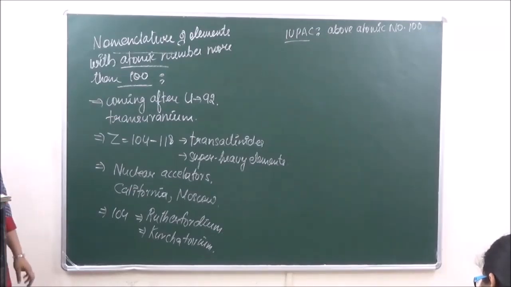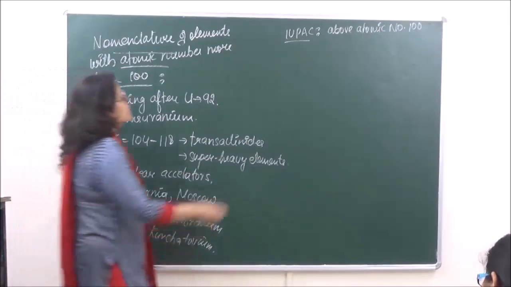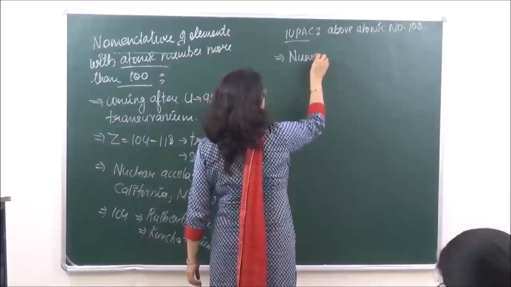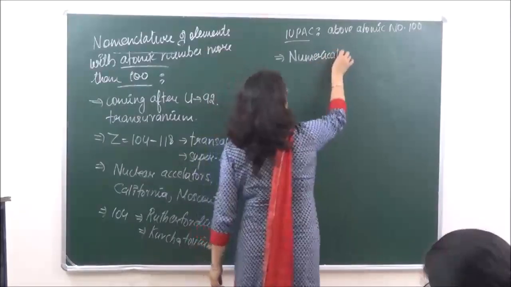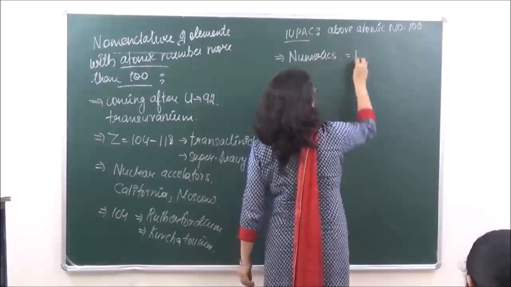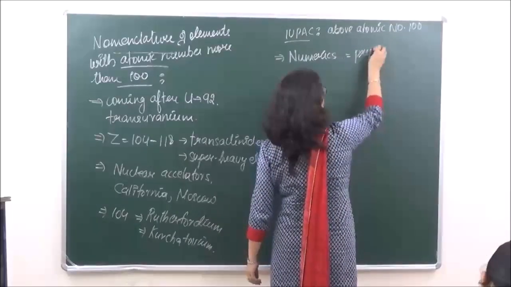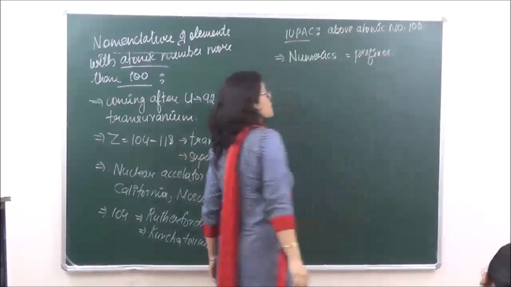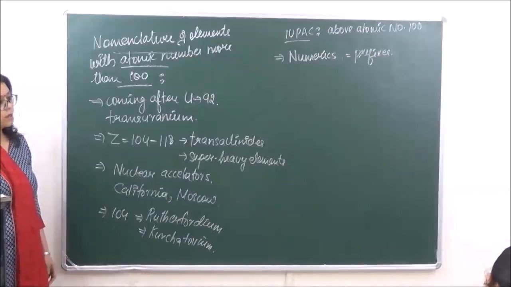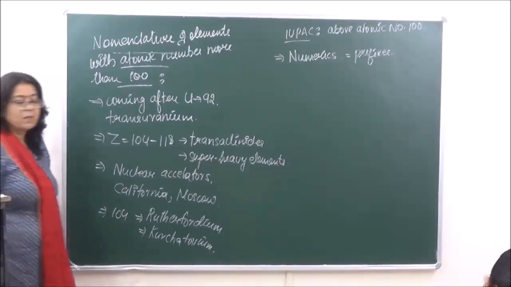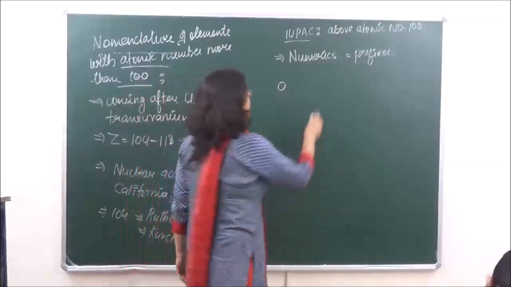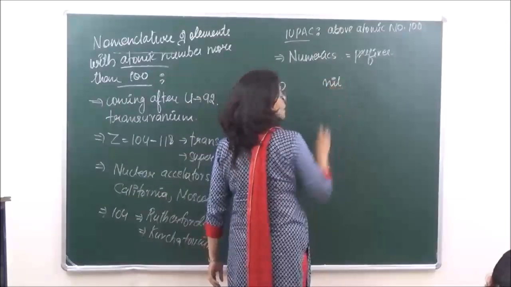What were these? The names were derived using numerical prefixes. The numerals were given certain prefixes which depended upon the digit present in the figure. For example, if the digit was 0, the name given was nil.